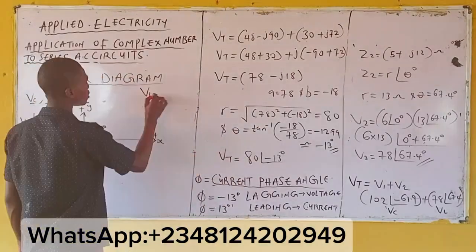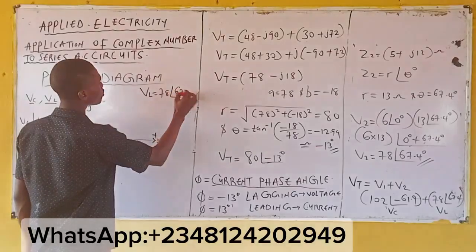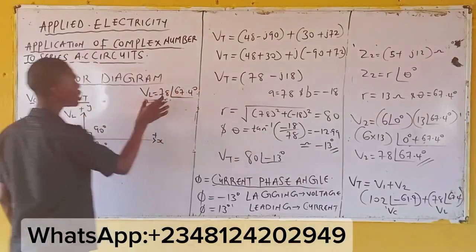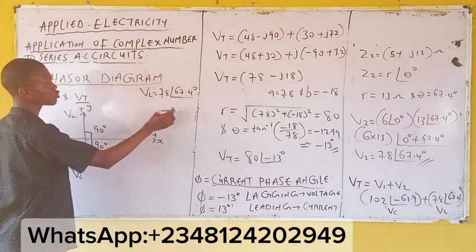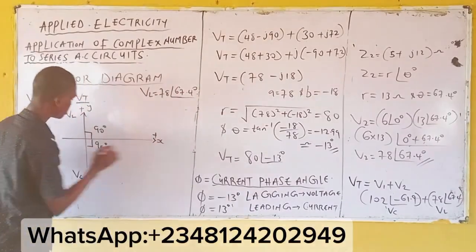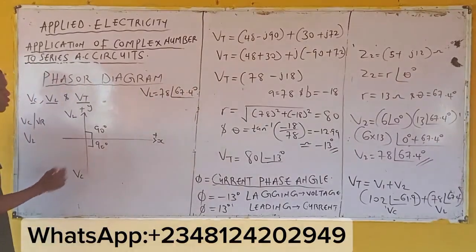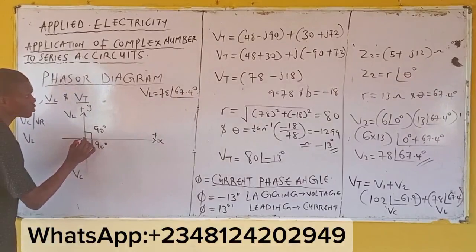Now let's plot the first one, which is the voltage of your inductor. What's our answer? That's 78 at 67.4 degree. Now when you are plotting the voltage of your inductor, you are using the angle. If this is 90 degree, your 67.4 degree, where is it going to be? Let's say you have your 67.4 degree.